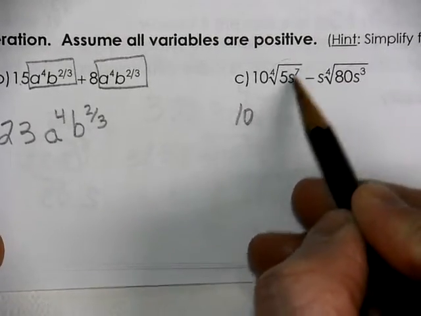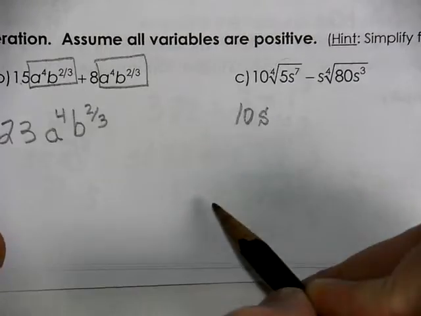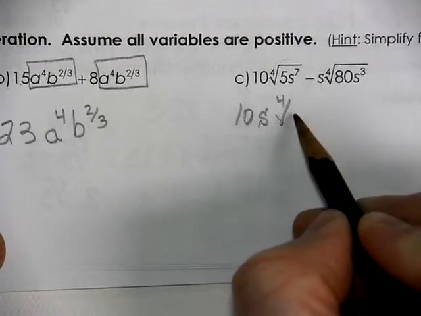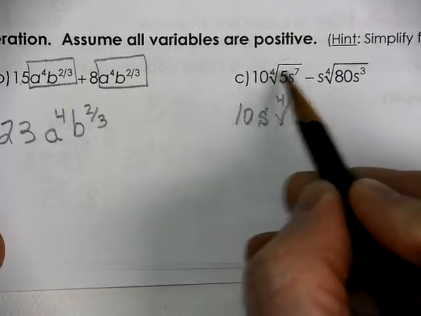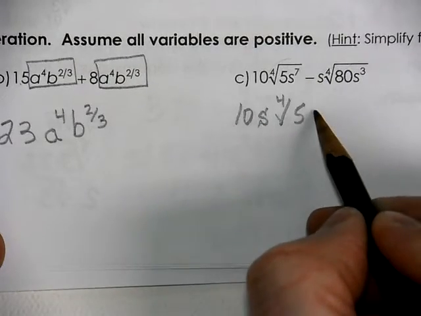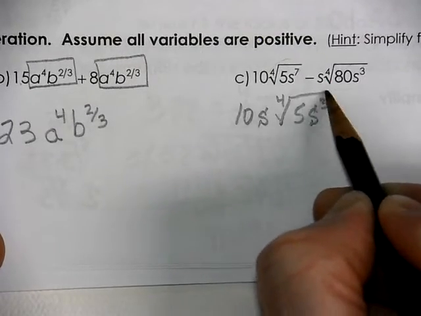So if I have 7 of a kind that's inside of it, I can bring out a group of 4 of them. That leaves me my 5. And if I brought out 4 of them as an s, I now have 3 left inside.